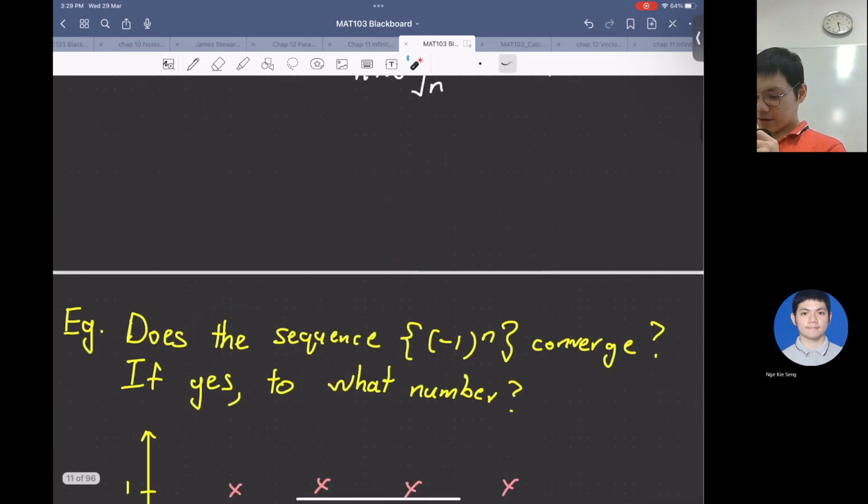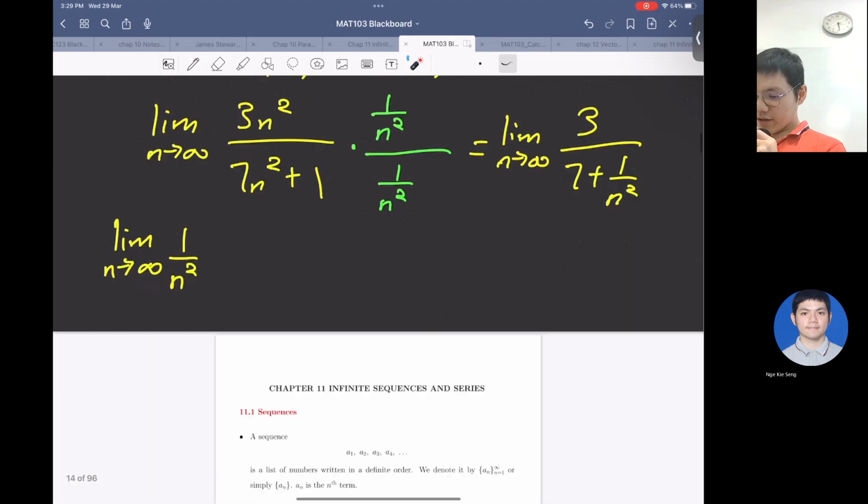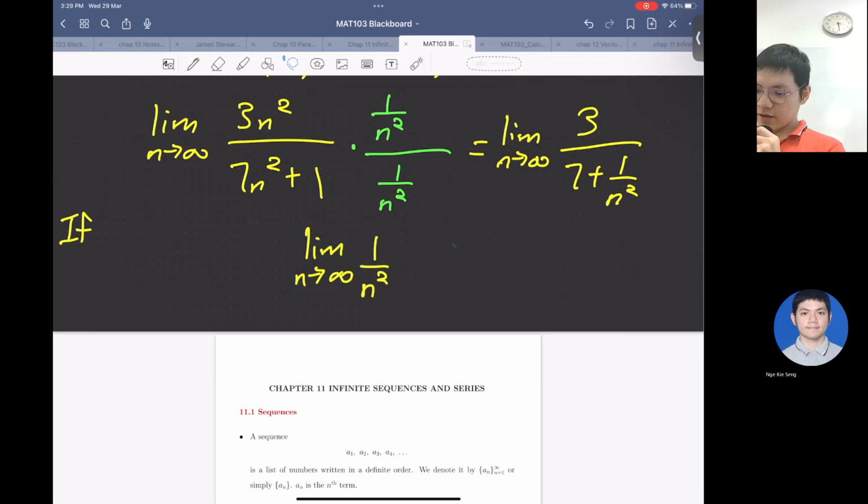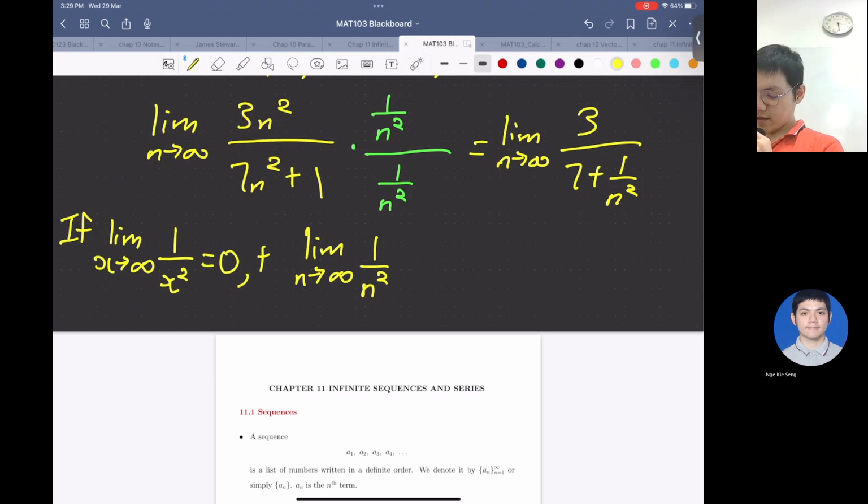So if the limit as x goes to infinity of 1/x squared is 0, then this sequence will also be 0.